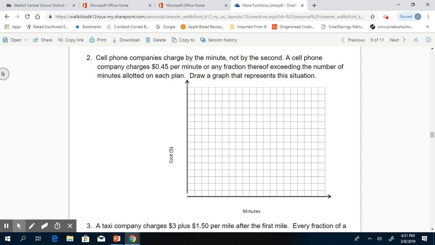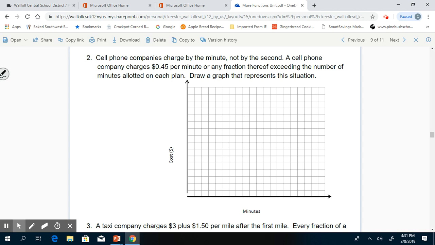If you're on the phone for 25 seconds, you're going to be charged for a minute. If you're on the phone for a minute and 15 seconds, you're going to be charged for 2 minutes, and so on. So we can start by setting up our graph.